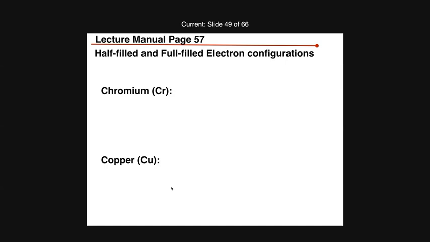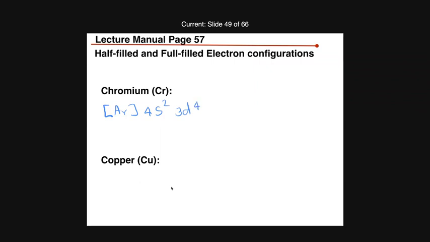Using the condensed electron configuration we talked about earlier, you are going to see that Ar is the noble gas that comes before chromium, followed by 4s2 and then 3d4, right?